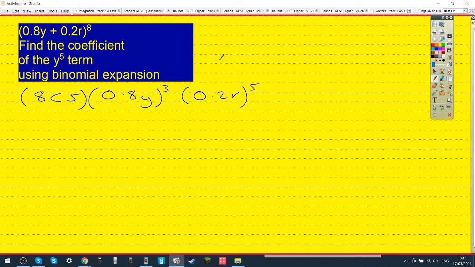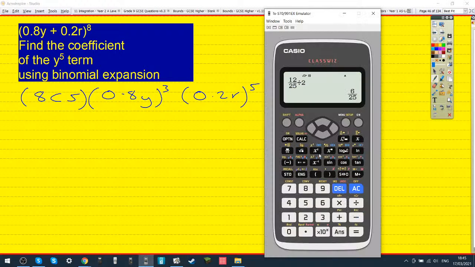So what's that in the first bracket? 8c5. Yeah, 8 choose 5. So we have 3 brackets. First one is 8, shift divide for choose. It's like combinations. Second one is, I'll just put in 0.8 without the y. That's to the power of 3.